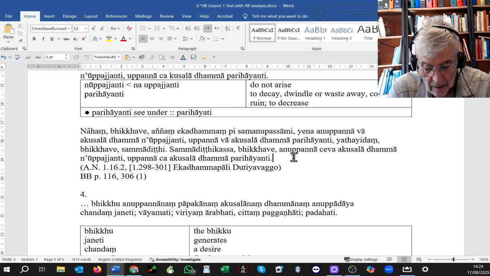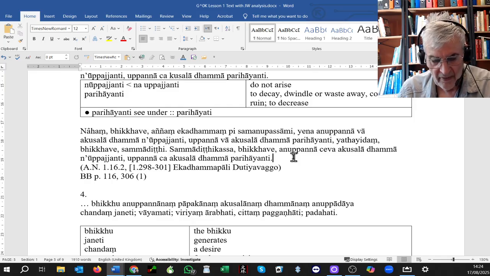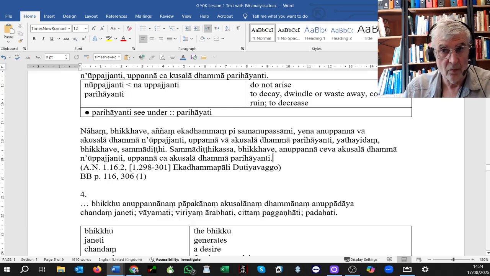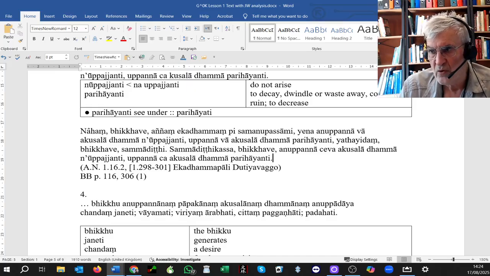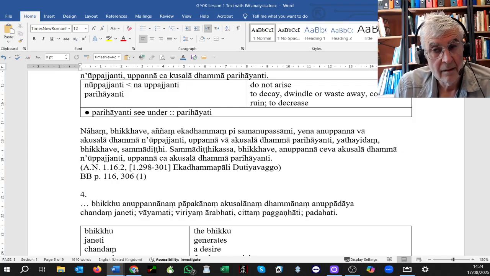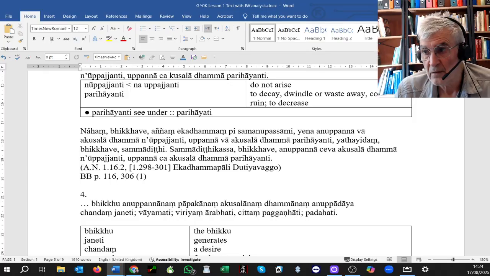Sammaditthikassa bhikkhave anupanna cheva akusala dhamma nuppajjanti, uppannava akusala dhamma parihayanti. Now there should be nothing new for you in this. It's all of the same words and expressions, but here it's saying that for the person of sammaditthi, these akusala dhamma parihayanti. Unskillful states diminish, vanish, fade away.